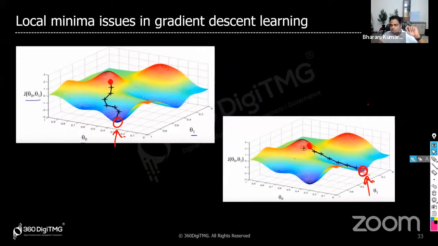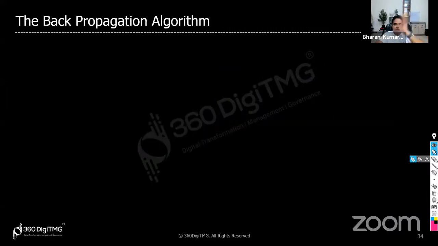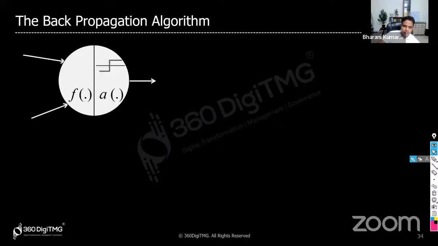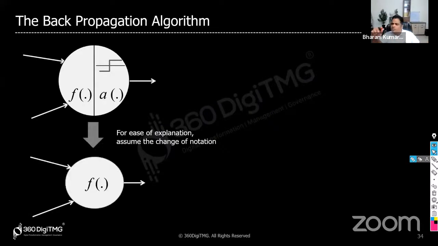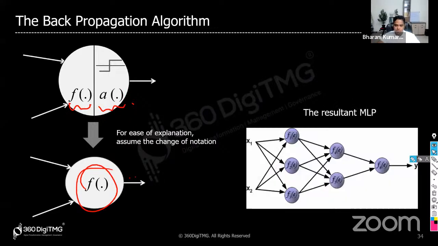Okay, so now that we understand this also, let's get into some visualization to understand this in an even better manner. So we have a backpropagation algorithm. For our ease of understanding, I'm merging the integration and activation function into one. We will take this as an example where we have two inputs.